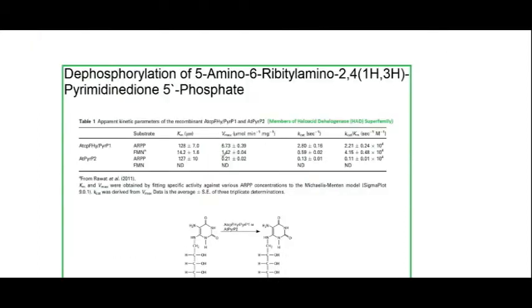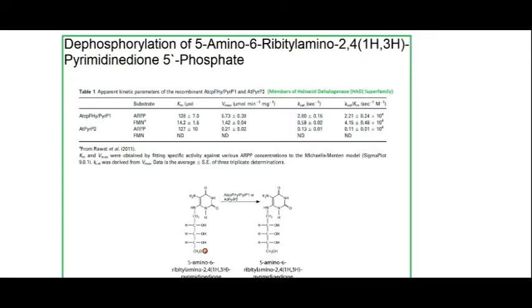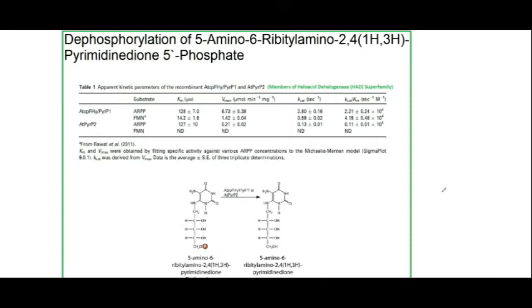And so this is that dephosphorylation step that I was talking about, where it was only recently discovered using these kinetic assays here. They looked at the activity of the two enzymes that they isolated as being able to do this dephosphorylation step.